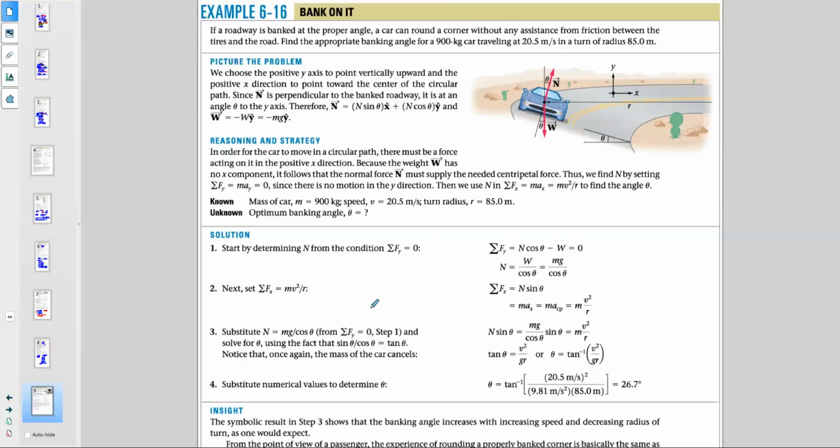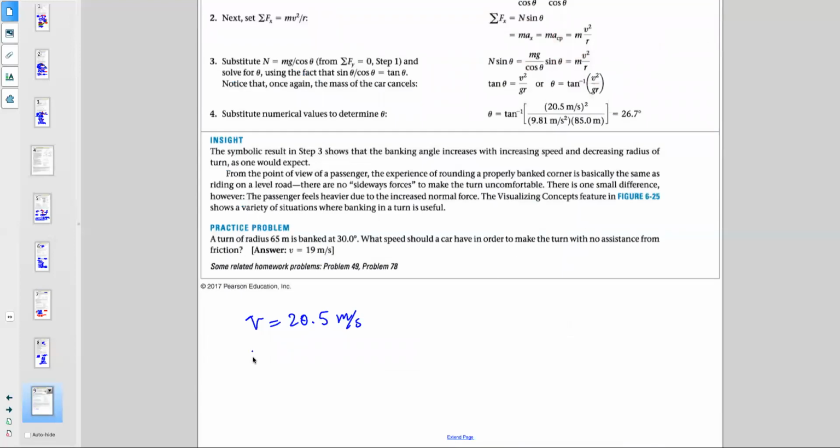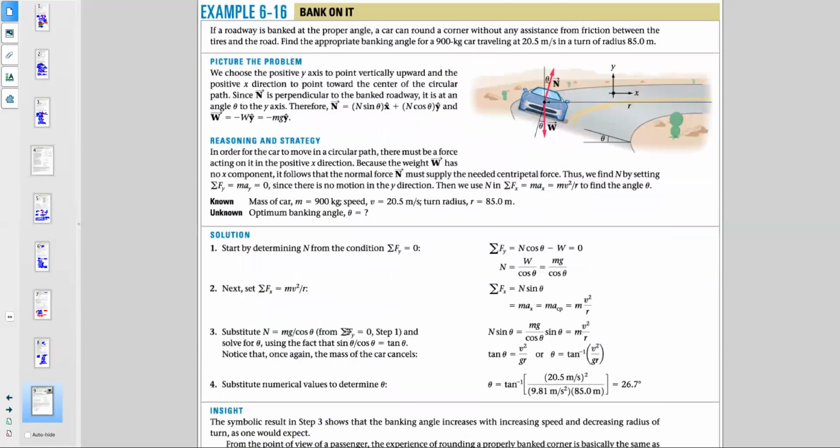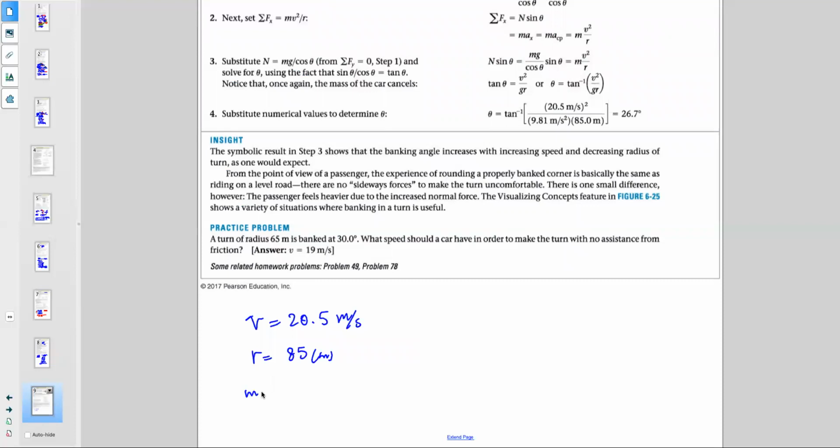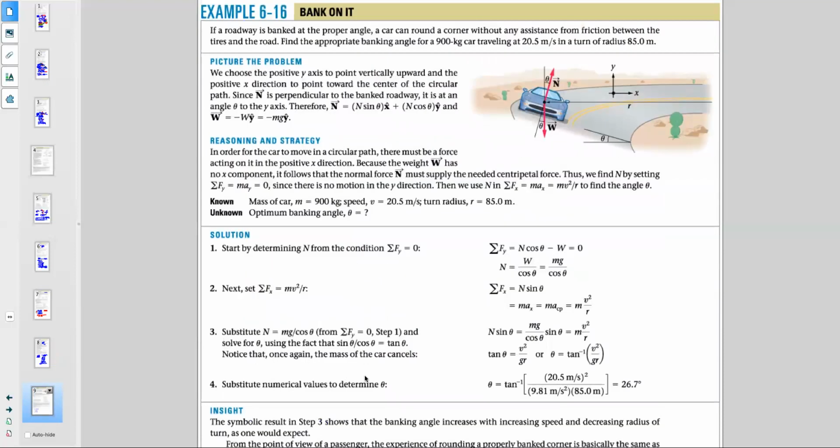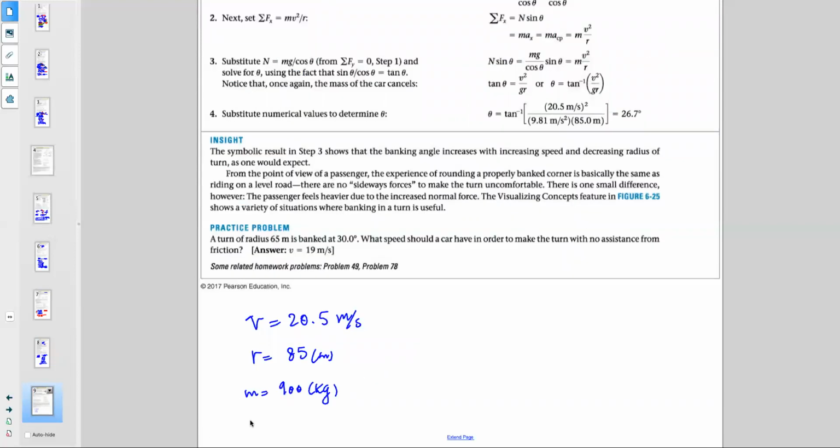And we have the turn of 85 meters. So the R is 85 meters. It's the distance to the center of the circle. And the M is 900 kilograms. We won't probably need this M, but we'll see. So what are we looking for? We're looking for theta, or angle. That's what we're looking for.